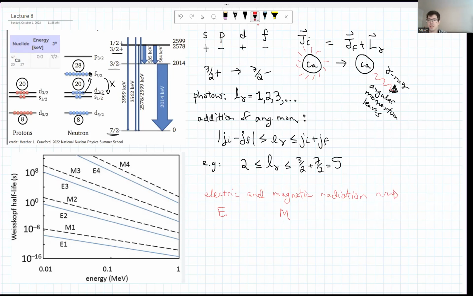And then you typically list the L number of the photon, so you put L gamma. So there's E1 radiation, E2 radiation, E3, and so on. And similarly, there's M1, M2, M3.